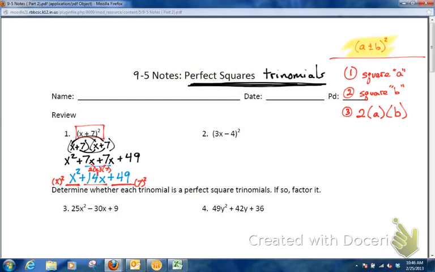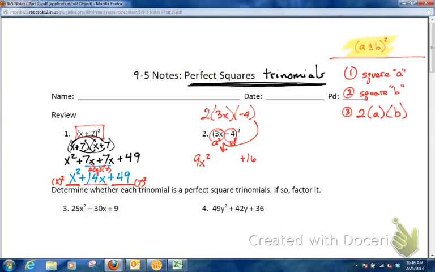But for number 2 here, we're going to square our a. So 3x squared is 9x squared. We're going to square our b. Negative 4 squared is 16. And then we're going to take 2 times the a, which is 3x, times the b, which is negative 4.